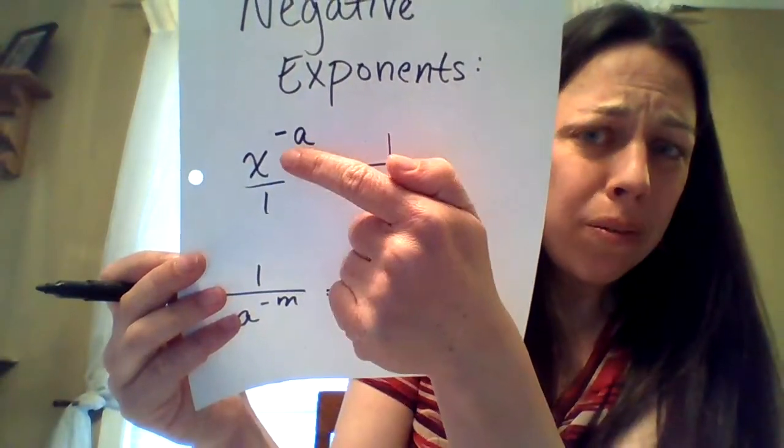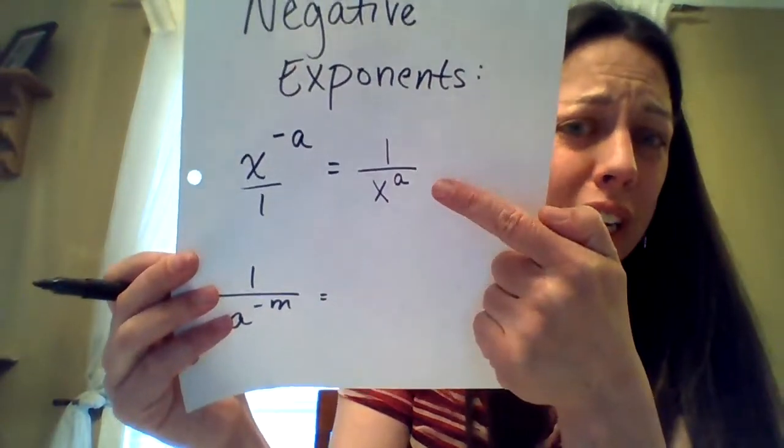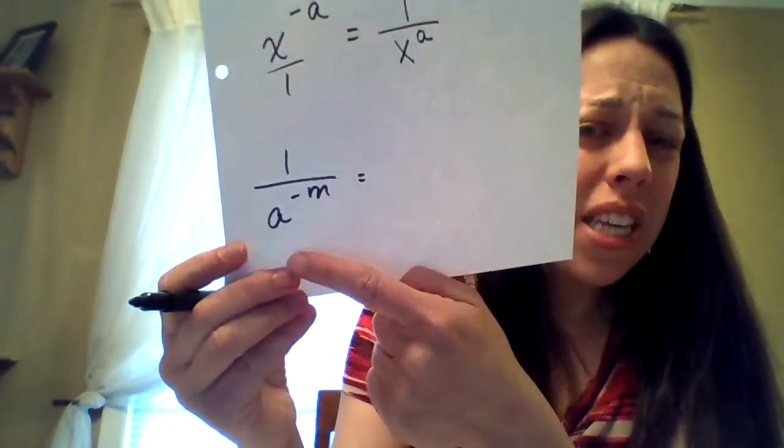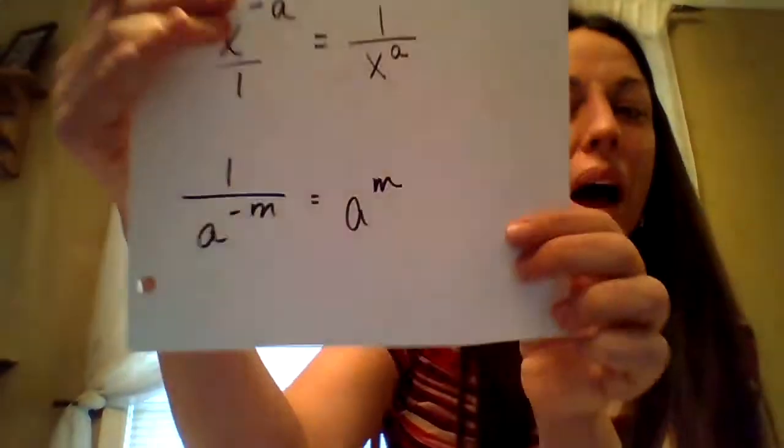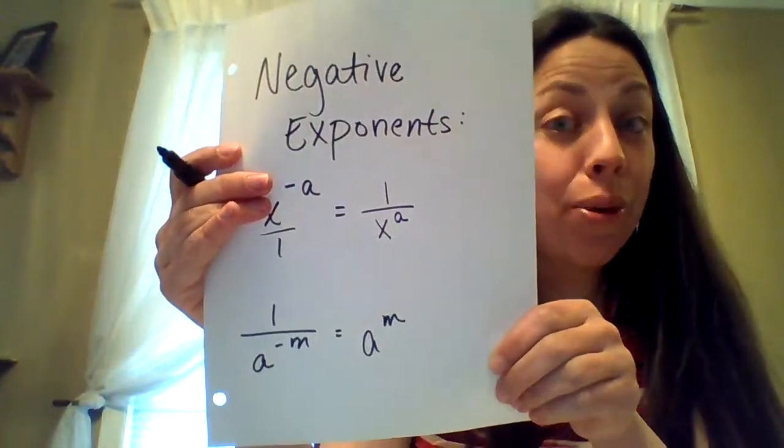Technically right there, you don't need to write this in your notes. The negative exponent was in the numerator, and I made it positive by moving it to the denominator. So this has a negative exponent in the denominator. That means that technically it should be a positive exponent in the numerator. All right? So if we do subtraction and we get a negative, that's okay. Just make sure it gets put in the correct place.